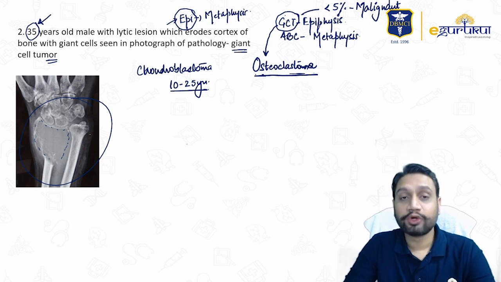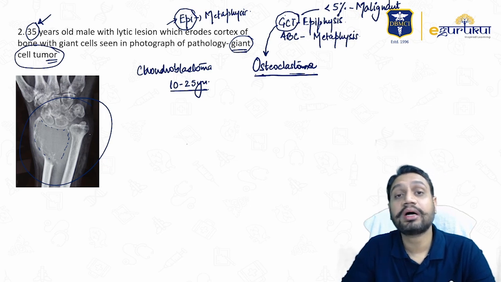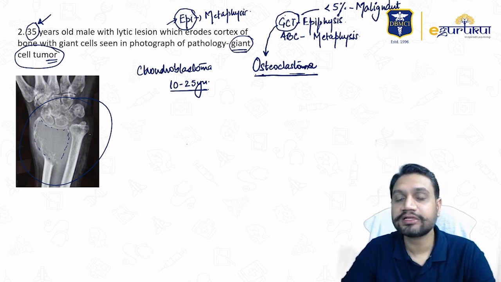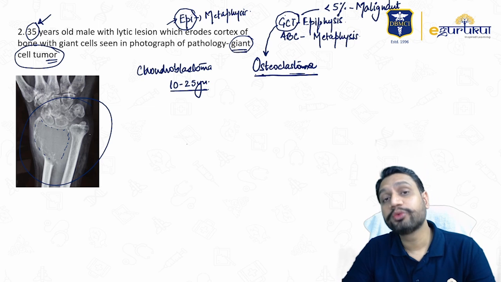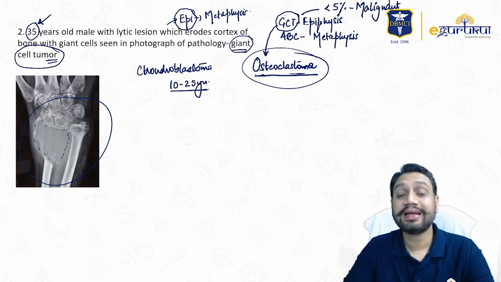Okay, that is chondroblastoma. So I guess it would have been very easy when they have clearly mentioned giant cell. So I am very clear, either it is GCT or ABC or other tumors which mimic giant cell tumor. But when they have clearly mentioned a lytic lesion going from the epiphysis towards the metaphysis, what else can it be other than the osteoclastoma, the lytic lesion.